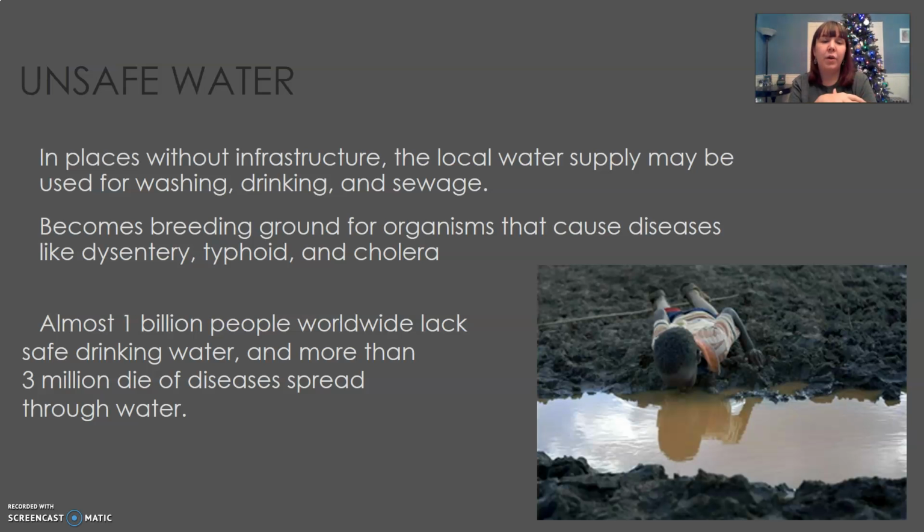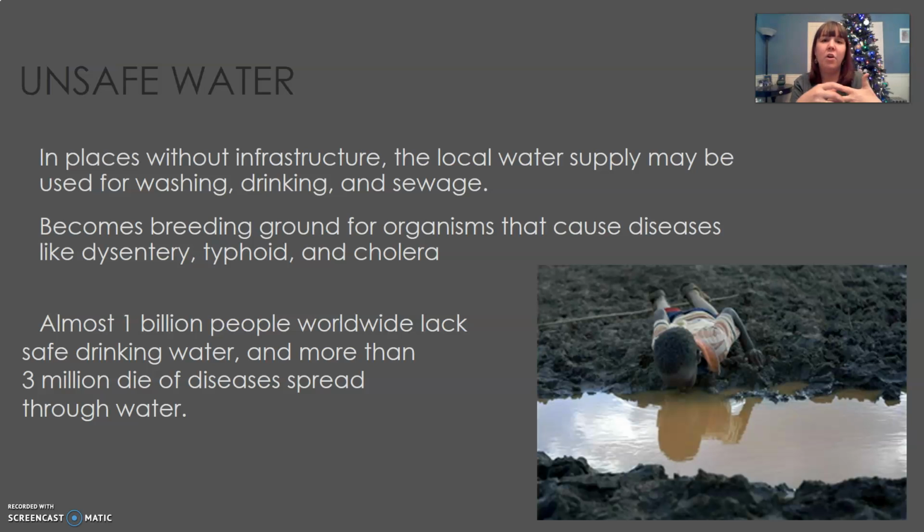And unsafe water: where we don't have good infrastructure, the local water supply is sometimes used for everything, whether it's sewage or drinking, cooking, washing clothes. And because of that, it becomes a breeding ground for all kinds of diseases and organisms that cause diseases. Dysentery, typhoid, cholera, all of these affect very small children and are one of the leading causes of death of children worldwide.